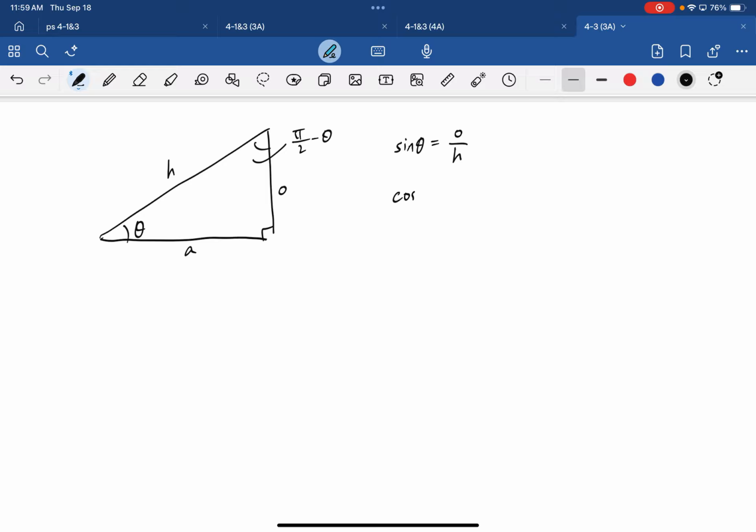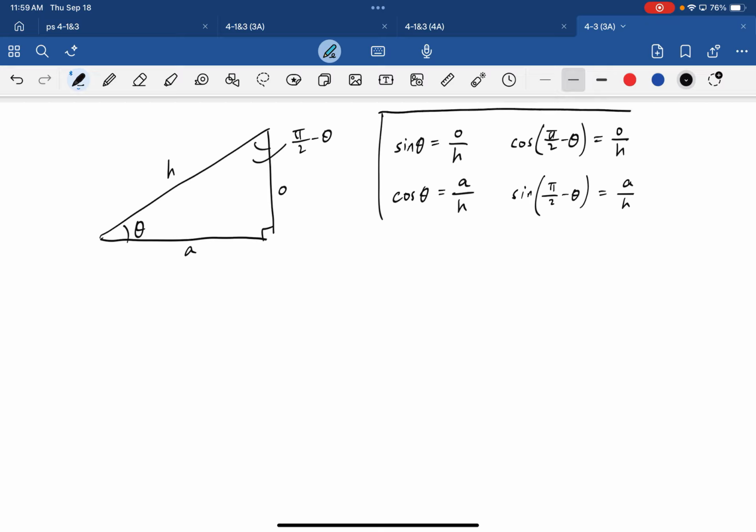And what is cosine theta? Adjacent over hypotenuse, A over H. And then what is cosine of pi over 2 minus theta? Yes, sine theta, which is O over H, because it's just the new adjacent over the hypotenuse. And then, of course, sine of pi over 2 minus theta is equal to A over H as well.